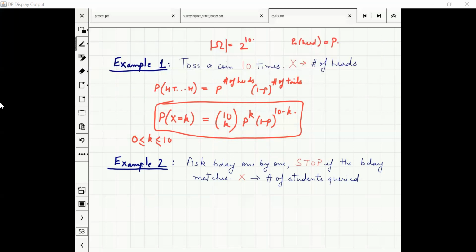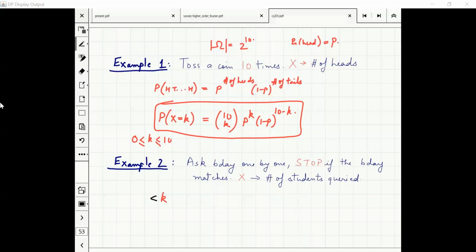So this is a random experiment. Every person's birthday could be 1 out of 365 with equal probability. I keep asking, and I stop once I find a match. Now, the number of students queried is the random variable X. So what are the possible values of k for X?